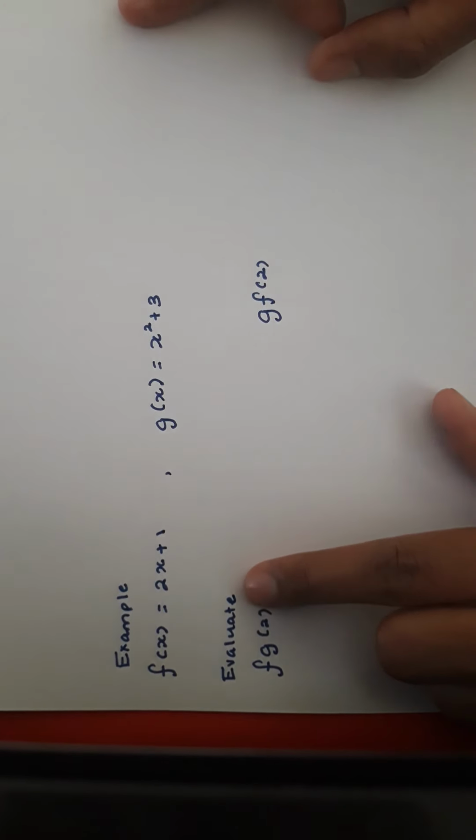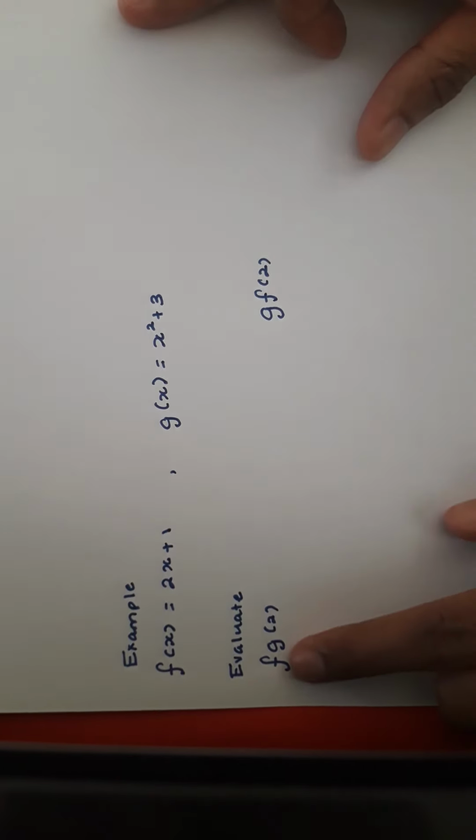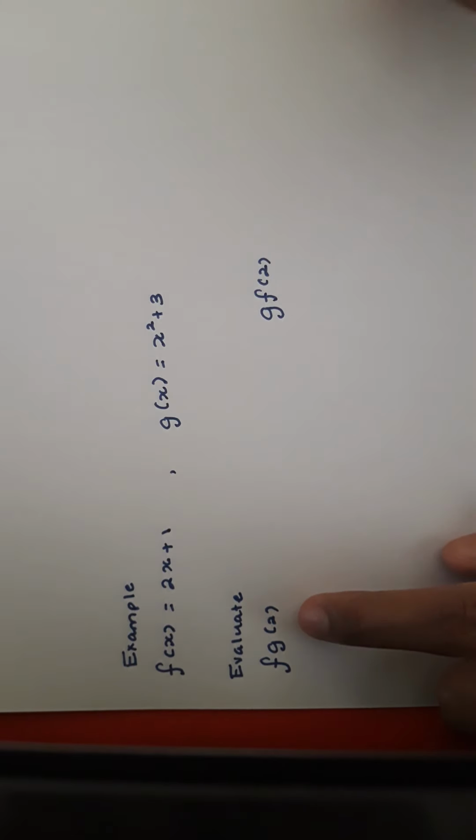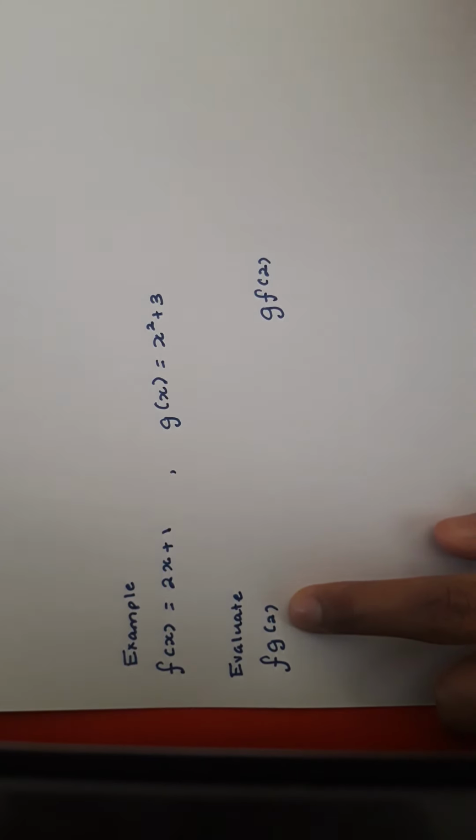Here we have to evaluate the composite function fg of 2. So we have function f, we have function g, and 2 is placed into what will end up being both of these functions. To start, we take the number 2 and place it into the function that is closer to the value of 2.